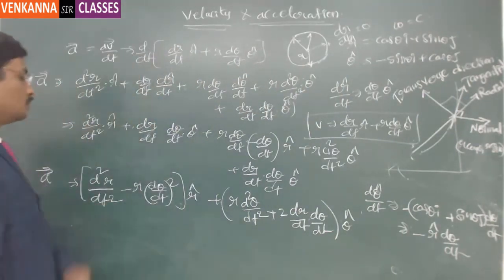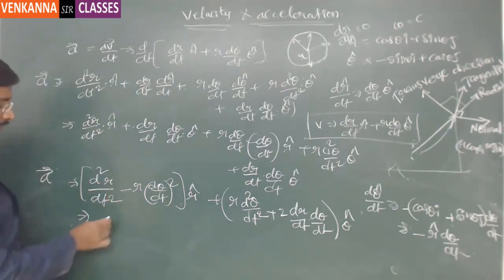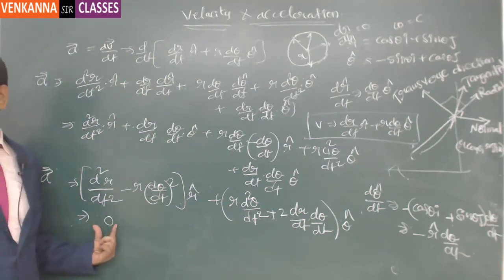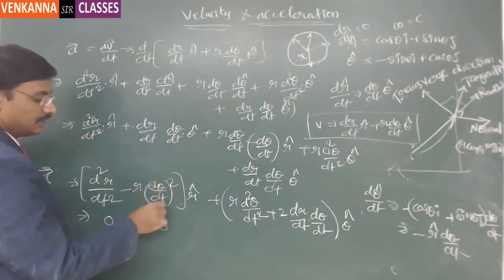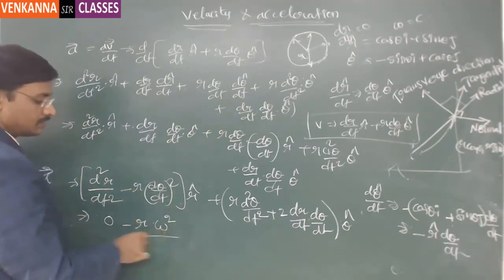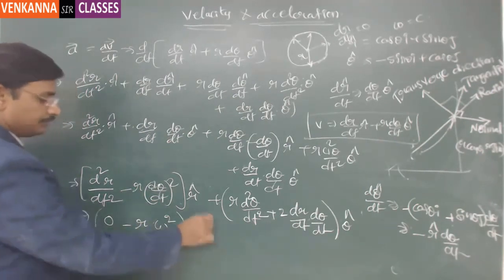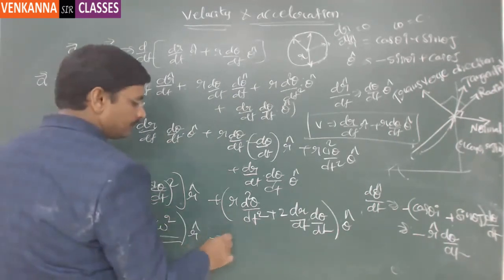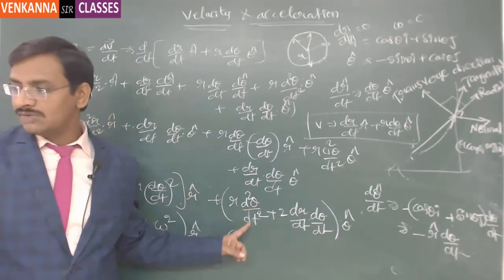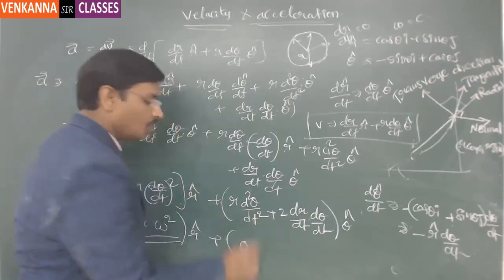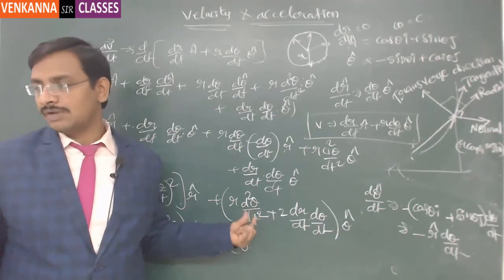Now, if you substitute all these points here, d square r by dt square will come out to be 0 because dr by dt equals 0. And here minus r times, d theta by dt is omega, so minus r omega square in the direction of r cap, plus, here d theta by dt is omega and d square theta by dt square will come out to be 0 because no angular acceleration, as we assume a constant angular velocity case.